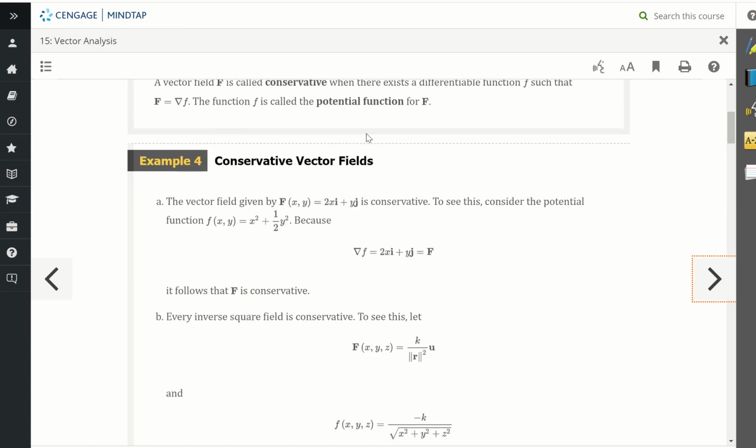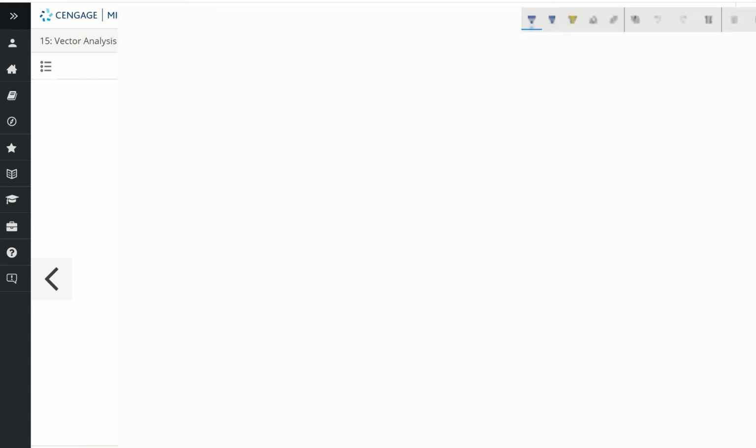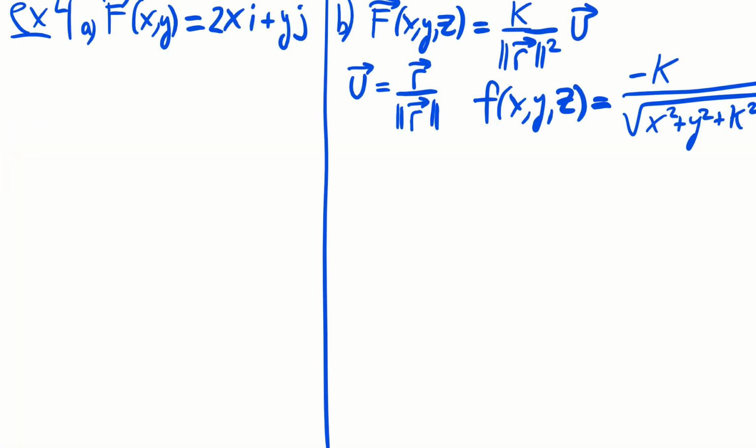Let's take a look at an example. In example 4, they want us to show that the vector field given by the previous expression is conservative. To do that, we need to show that it is the gradient of some potential function.